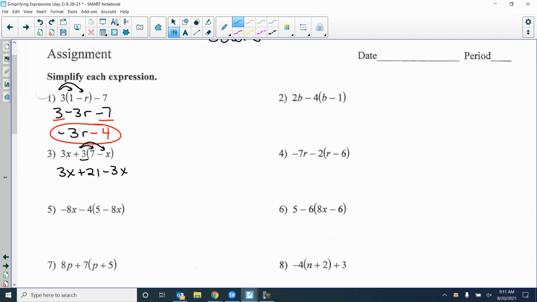All right, as you look at that, can anybody tell me what the final answer would be? Addie? Would it be just 21? It would just be 21, because what's 3x minus 3x equal? 0. We don't write the 0 down, so you don't write it as 0x. It's totally gone. So that final answer is 21.